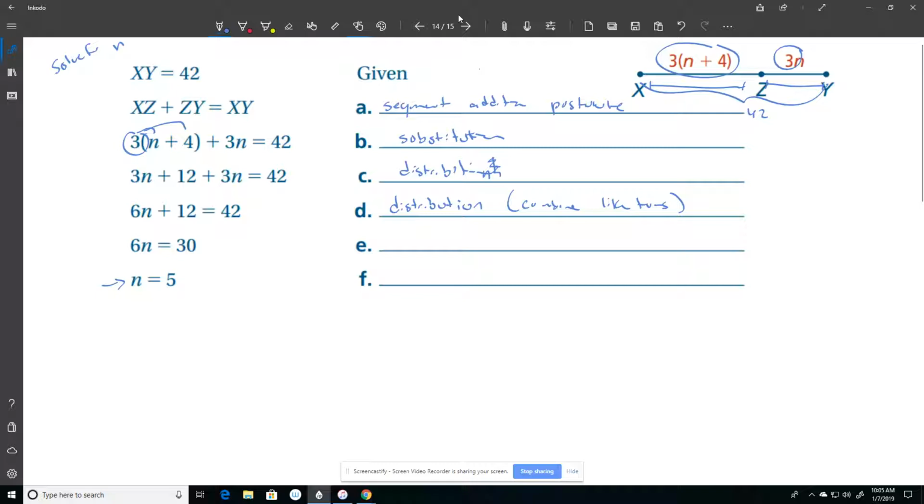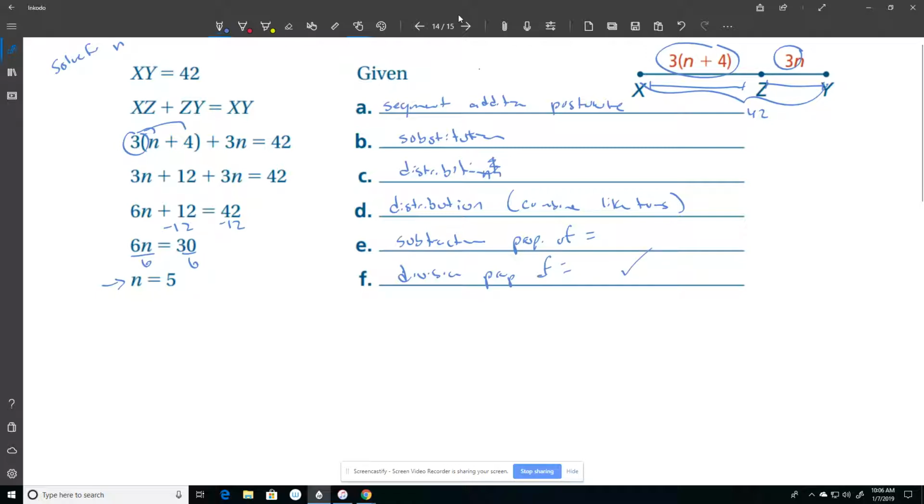So when we go from 6n plus 12 equals 42 to 6n, we minus 12 from both sides. That was the subtraction property of equality. And then from there, we divided by 6 on both sides to get to n equals 5. So that's the division property of equality. And now we have n equals 5, so we're good.